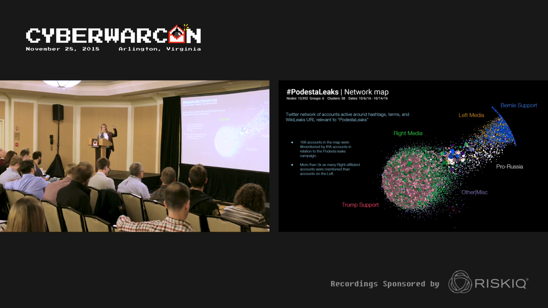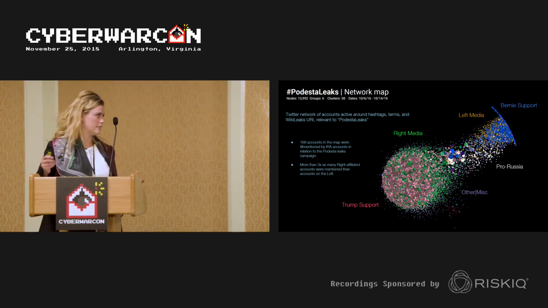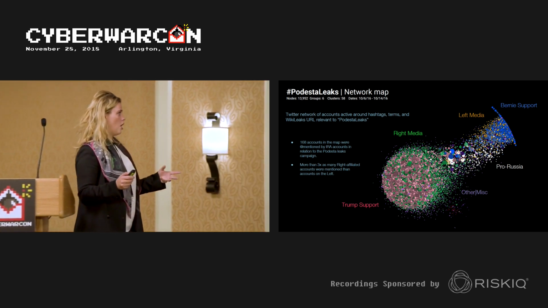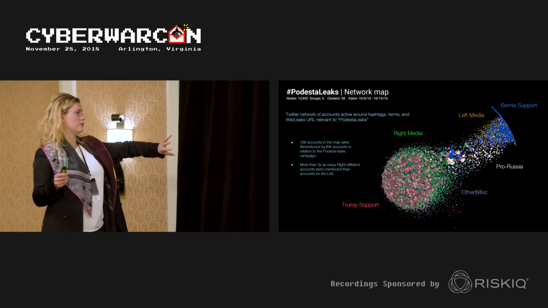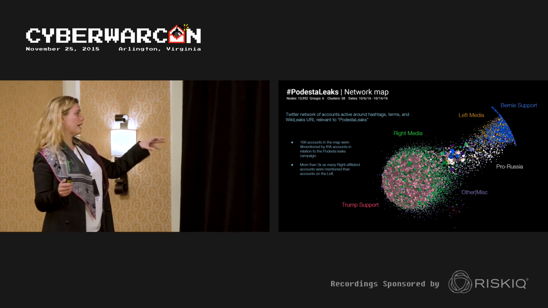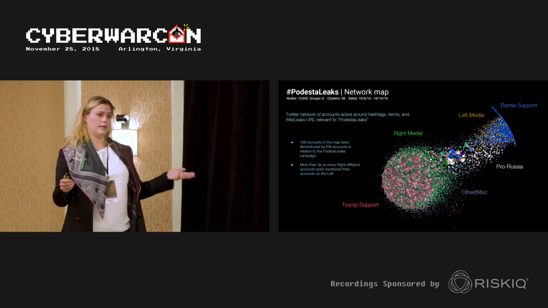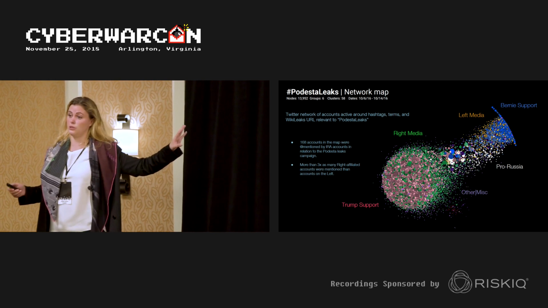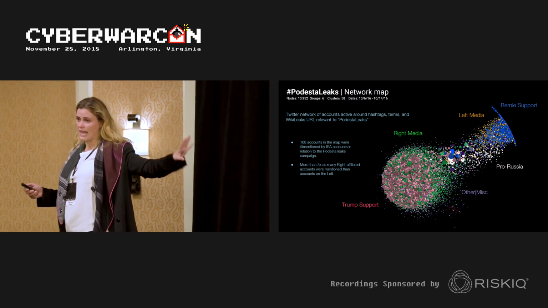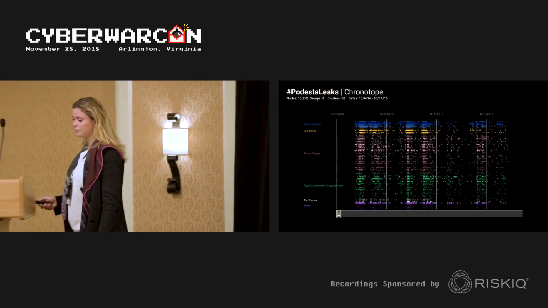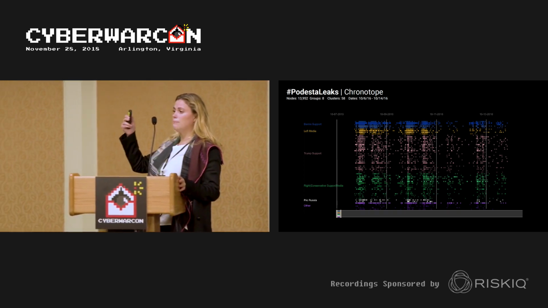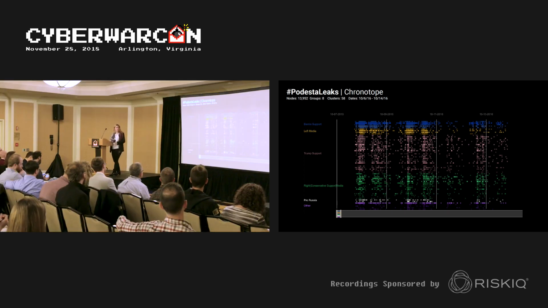The top most mentioned account with the Podesta leaks is still going to be Hillary Clinton, but here you see that there are about 3 times as many right-affiliated accounts that were mentioned than accounts on the left, which may contribute to explain why this really lands on that part of the political spectrum. Now, similar publication point, DCLeaks.com. Oh sorry, that's a chronotope. So this shows each group when they engage with the hashtag.